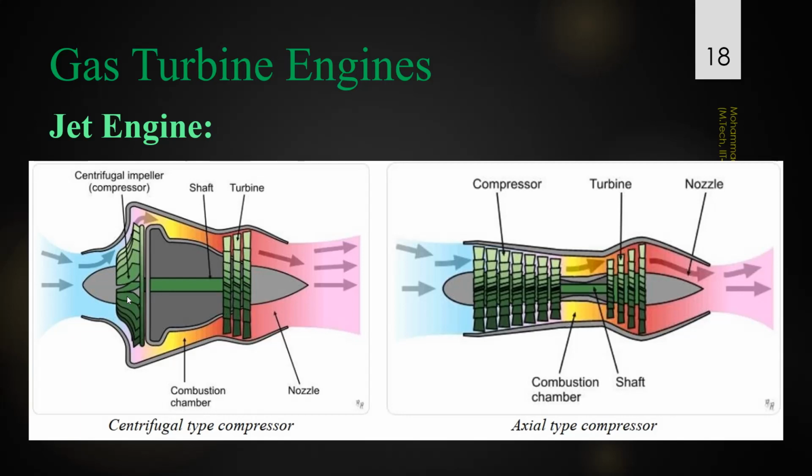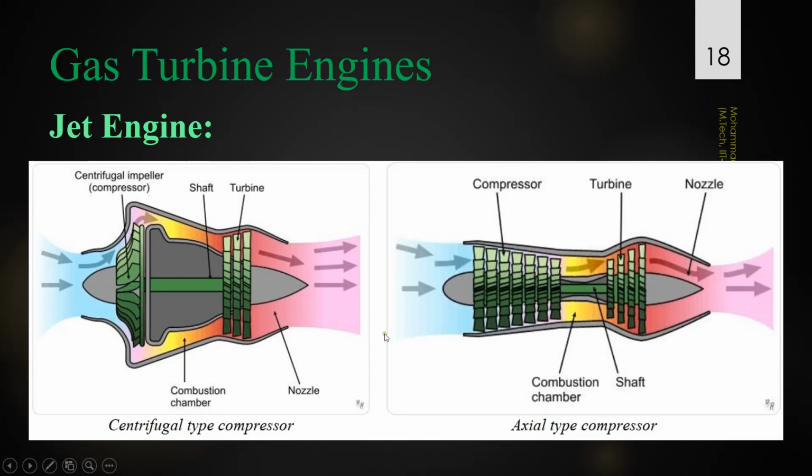In the case of axial compression, a different type of phenomenon takes place. Centrifugal force is not working; the air simply passes through a variable area, diffusion action takes place and the flow gets compressed, so pressure goes high. They both have their own advantages and disadvantages. The centrifugal looks very simple, but compressing to a very high pressure is not easy in this case, because for that we would need a very large impeller which can give a large compressive centrifugal force.